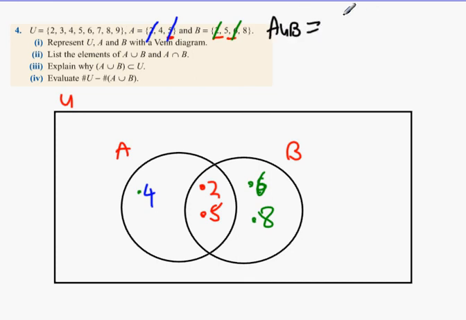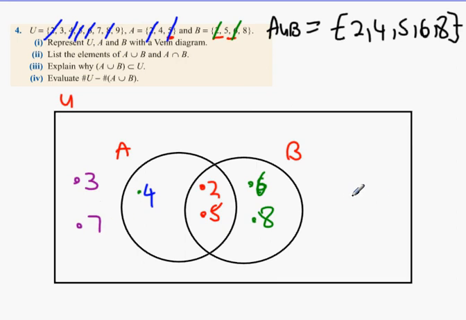A union B means everything. 2, 4, 5, 6, and 8. Everything outside of this is not included. So we haven't got the number 3, do we? So 2, 4, 5, 6 and 8. This means on the outside will be 3, 7 and 9.